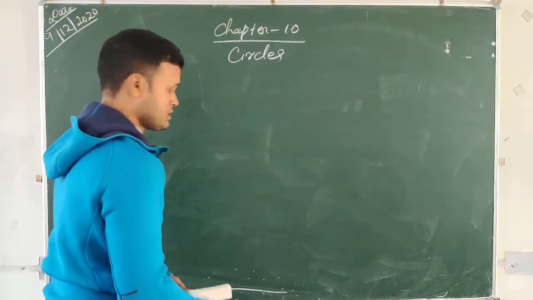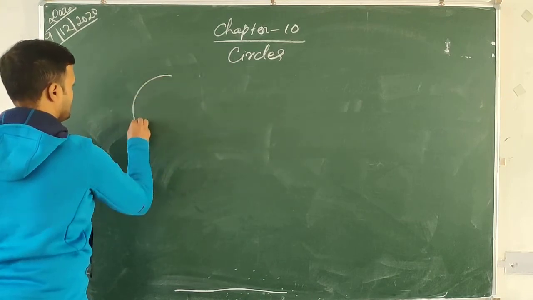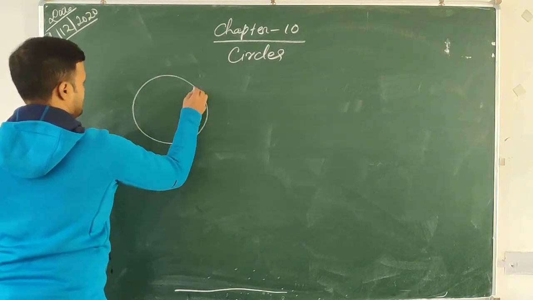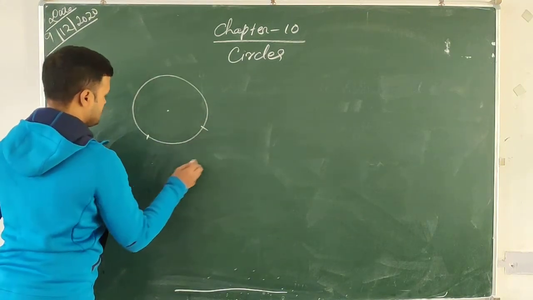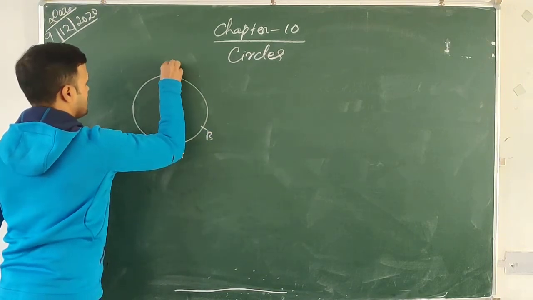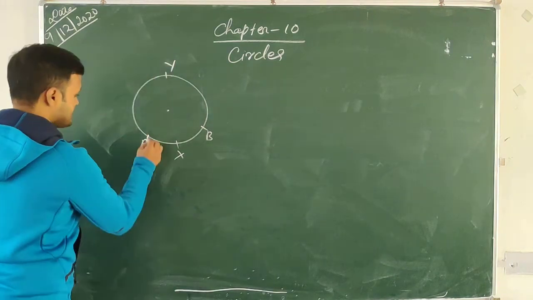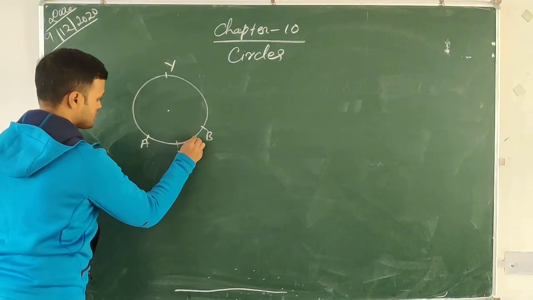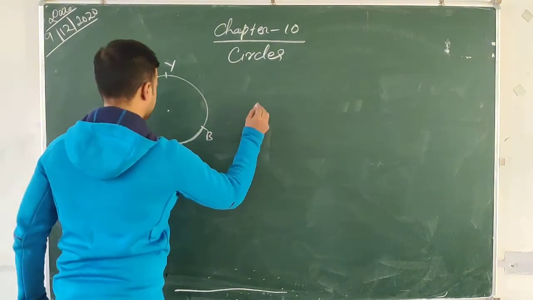Let us see some more terms. A part of a circle, any part of a circle is called an arc. Suppose this much part I am considering.